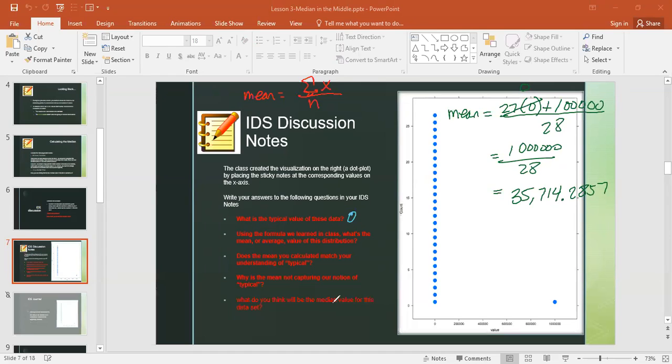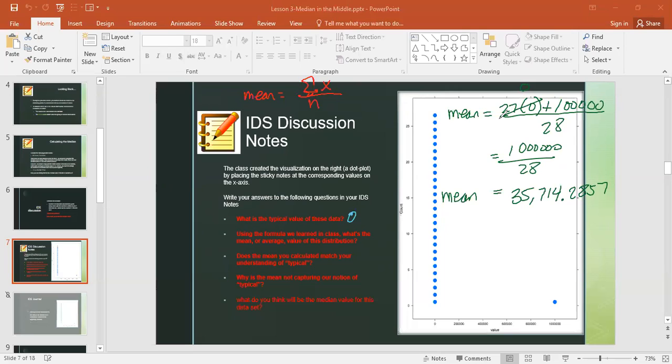Thank you, Maddie. Okay, there's our mean. That is the center, or that's what the mean would say. If we were looking at the mean, that's what our typical value would be.